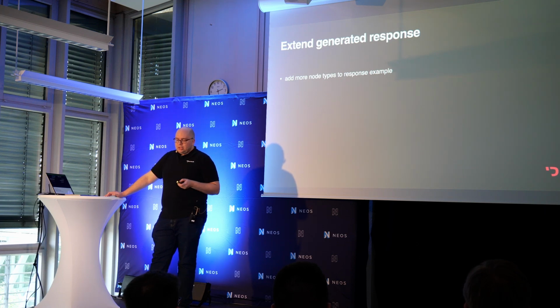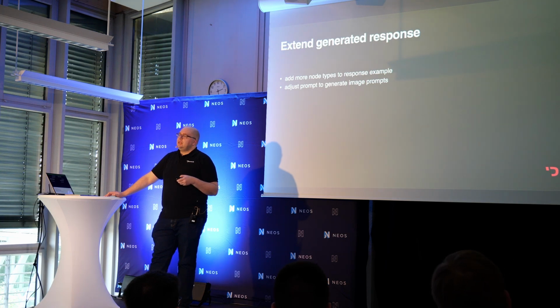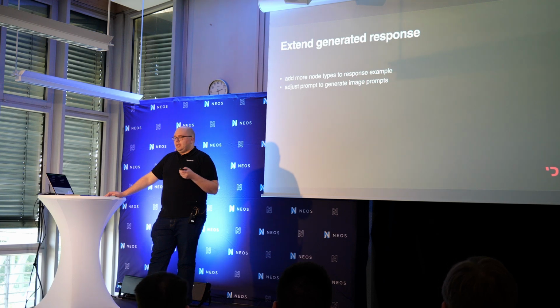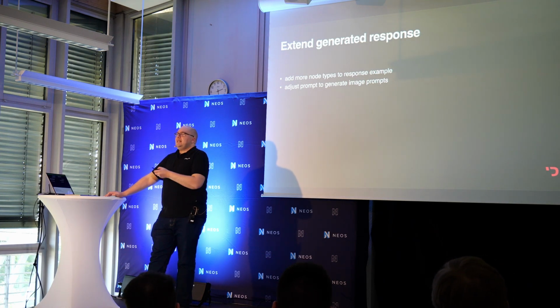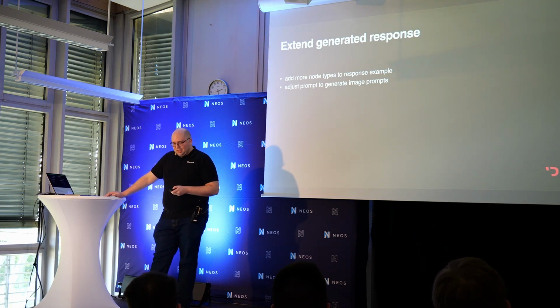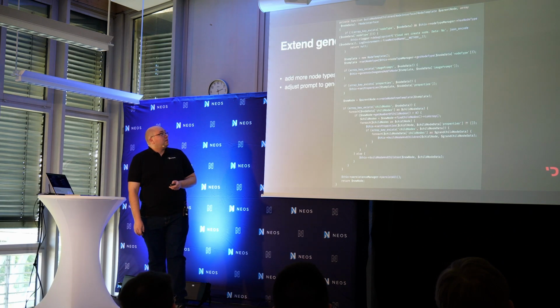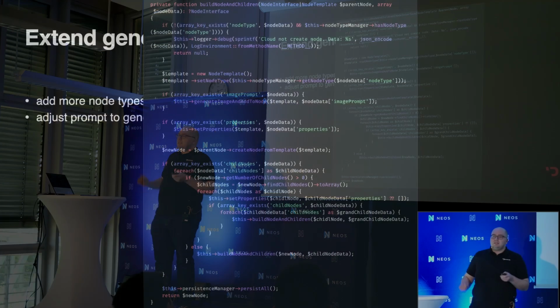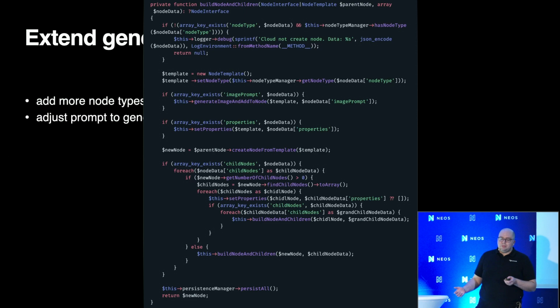And for the image elements, I also added code or configuration so that the AI generates image prompts, because I thought, okay, I can also use AI to generate image prompts and then use AI to generate images from these prompts. So I adjusted my configuration of the response example, which worked relatively well.